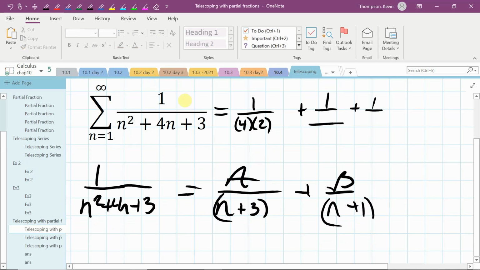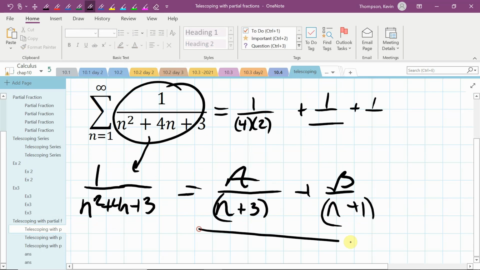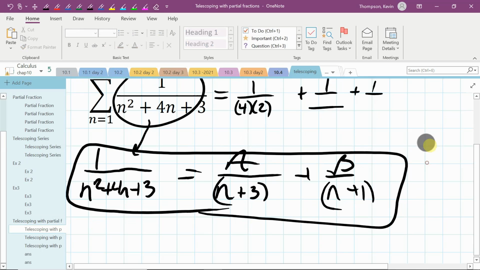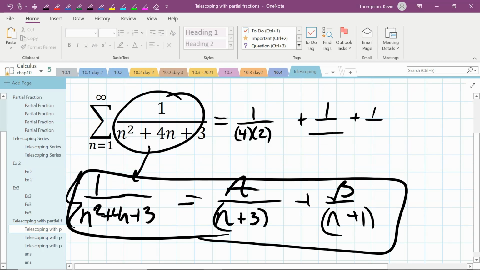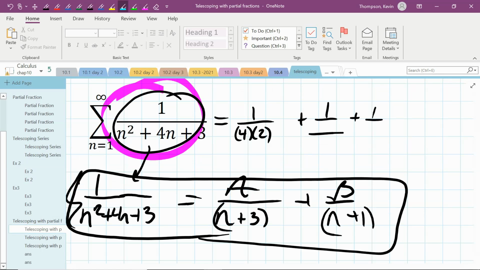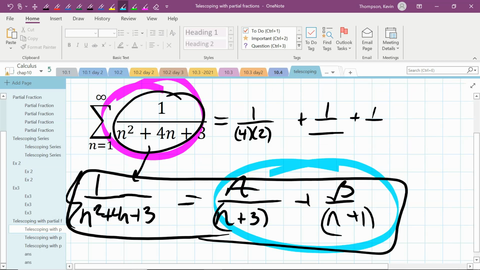If I can take this original summation and write it this way, then instead of substituting 1, 2, 3, and 4 into this summation, I substitute 1, 2, 3, and 4 in here. It might be easier to see the fractional pieces that are dropping out. So try that and see if the pattern looks more obvious now.